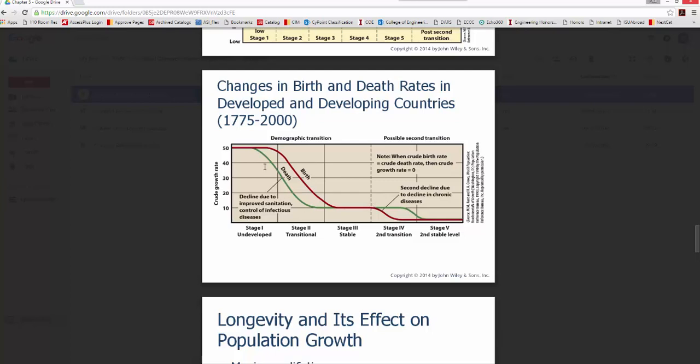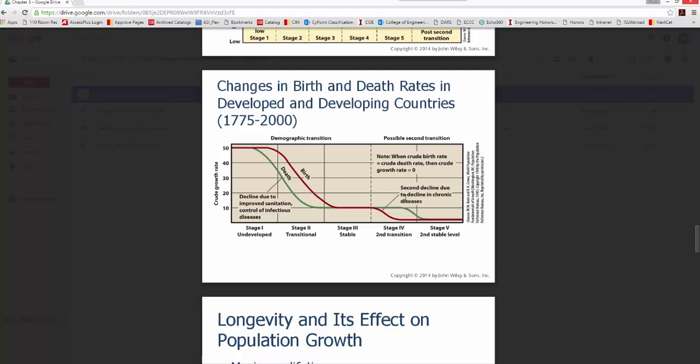And then the decline here, I should point out, the decline in deaths back here in stage 1 and stage 2, according to your textbook, has to do with basically improved resources such as sanitation and medical care, better medical care, controlling infectious diseases. And then note here now where death rates, here in green, begin to exceed birth rates.